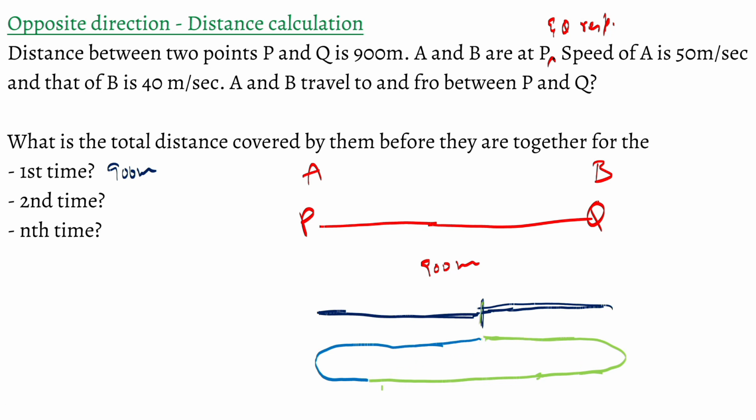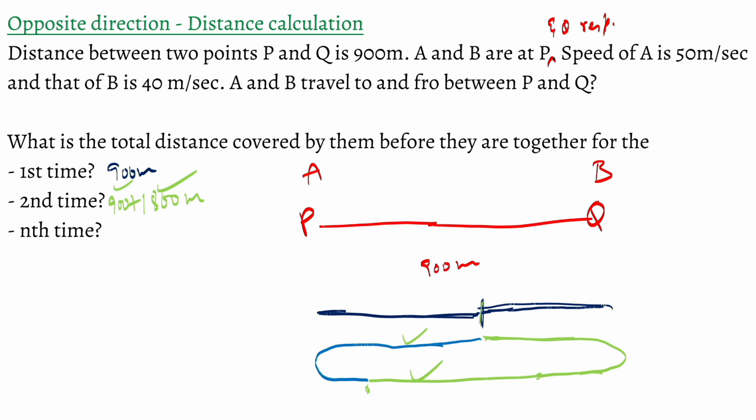See, second time they are meeting here, and now they travel for this one 900, this is 900, total 1800 meters, and from first to second it is 900 for the first time and 1800 for the second time. What about third one?